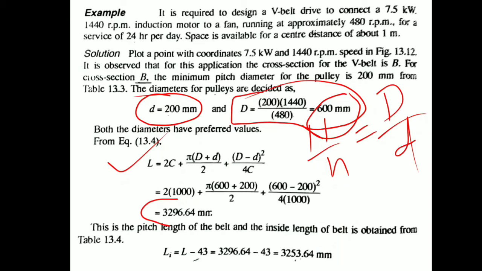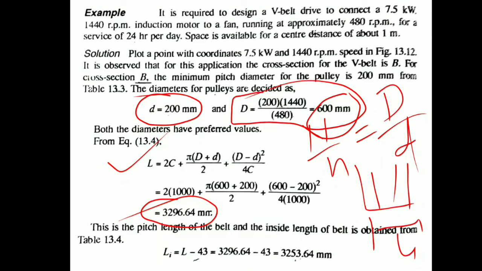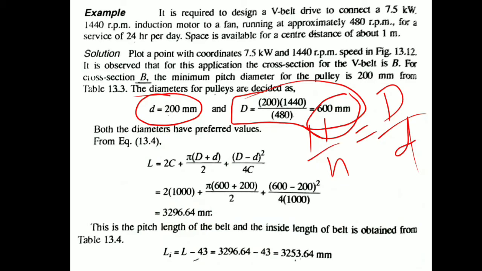Now inside length means, as I told you, this will be the inside length, Li. So Li we need to calculate, and that will be definitely less than this, correct? Li is equal to L minus 43. L we have calculated 3296, minus 43.